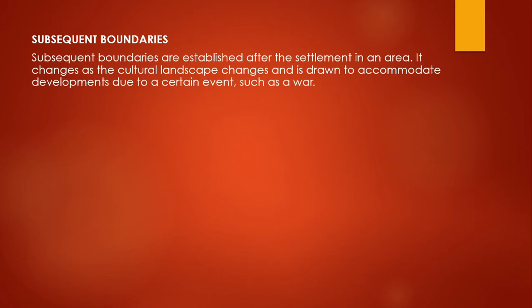Subsequent boundaries. Subsequent boundaries are established after the settlement in an area. They change as the cultural landscape changes and are drawn to accommodate developments due to a certain event such as war. Take for example the Philippines. When the first people stepped in the Philippines, it was one solid territory.